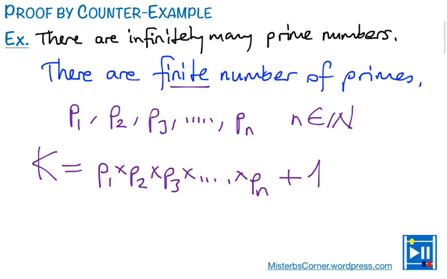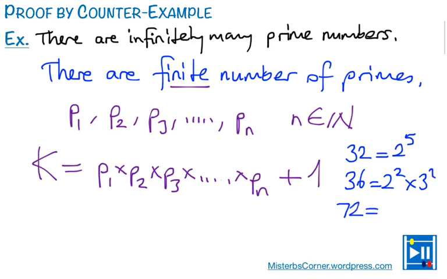Consider 32, for example. You can write 32 as 2 to the power of 5, or you can write 36 as 2 squared times 3 squared, or you can write 72 as 2 cubed times 3 squared, and so on. In these products, all these factors are prime.